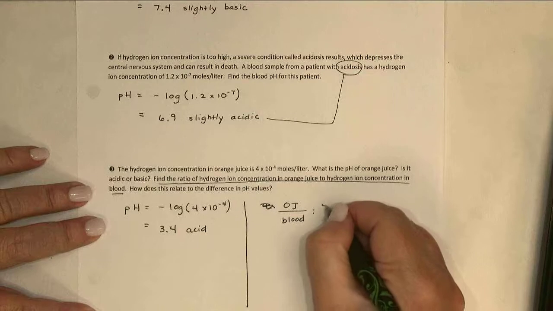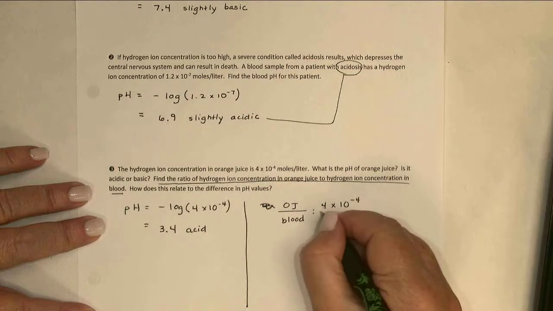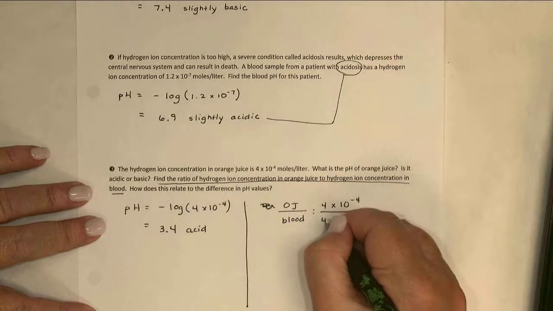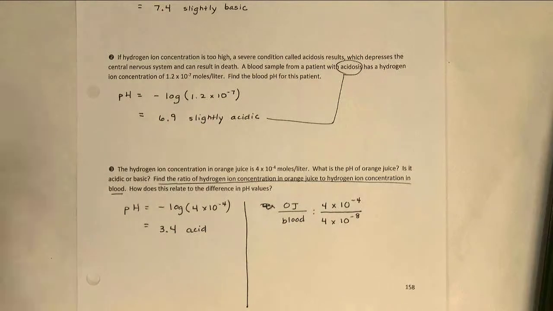It was 4 times 10 to the negative 4th moles per liter. And back up in part A, normal blood sample had 4 times 10 to the negative 8th as its hydrogen ion concentration.